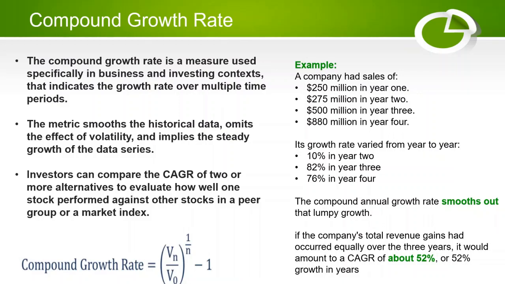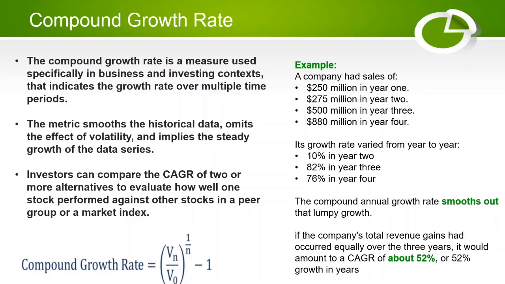So instead of saying 10% in first year, 82% in second year and 76% in third year, we can use the compound growth rate. It omits the effect of volatility and smooths the historical data. So if we say that the compounded growth per year is around 52%.